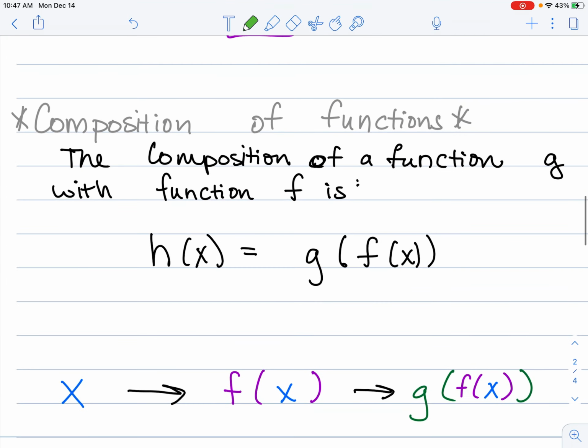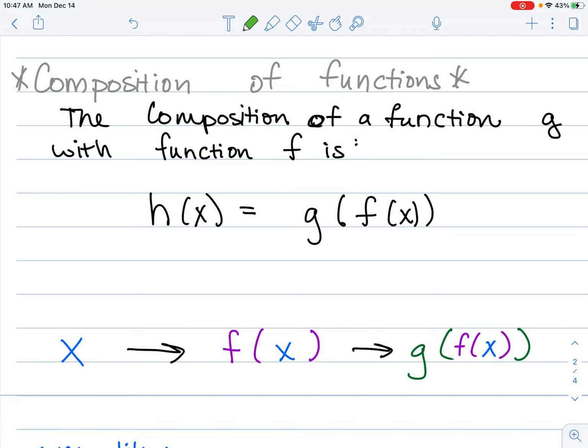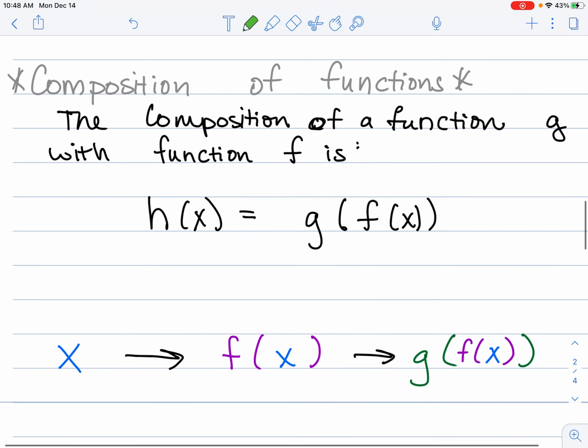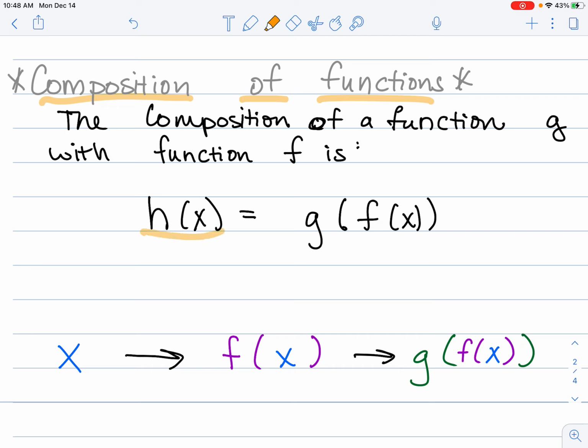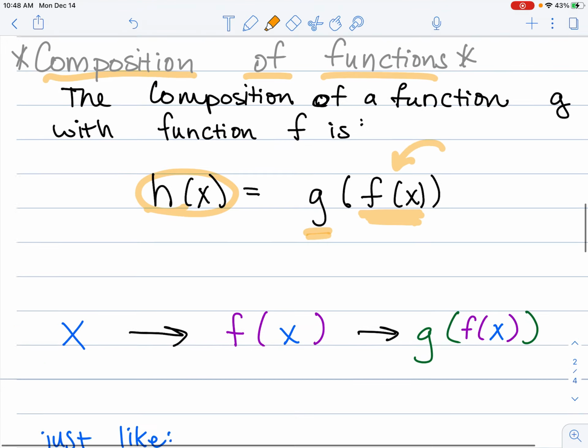Okay, now let's talk about composition of functions. I think you might have seen this before in algebra, but in case you don't remember, here's what a composition of functions means. The composition of functions is where the inside function goes into an outside function. So here's what that means.